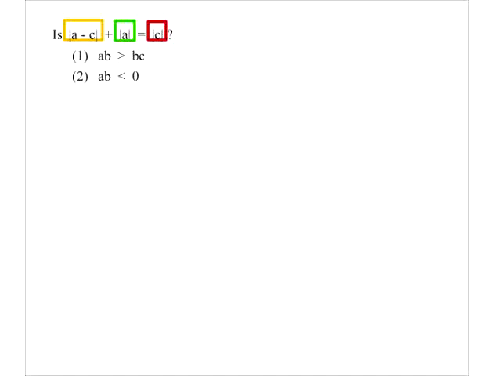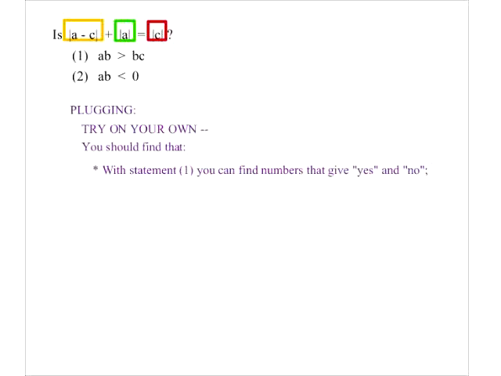Plugging, the idea is that I want you to try this on your own. You should find that with statement 1, you can find numbers that give yes and no. With statement 2, you can find numbers that give both yes and no. But then when you combine them, you get yes for every single group of numbers that you plug.